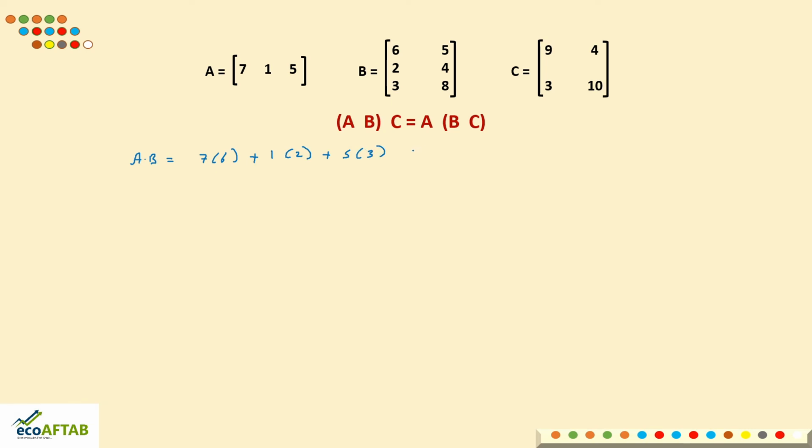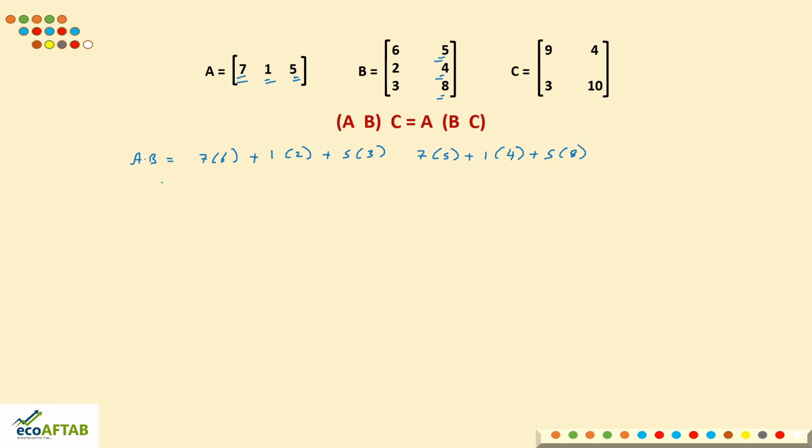And then again we are going to multiply the same row with the next column. It will be 7 multiplied by 5 plus 1 multiplied by 4 plus 5 multiplied by 8.